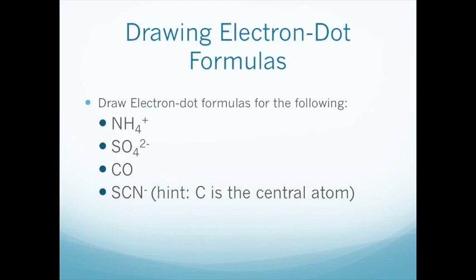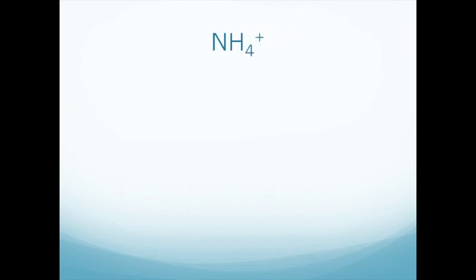So now we're going to draw some electron dot formulas to demonstrate these principles as exhaustively as possible. Starting with NH4+, or ammonium. First we need to determine the arrangement of the atoms.